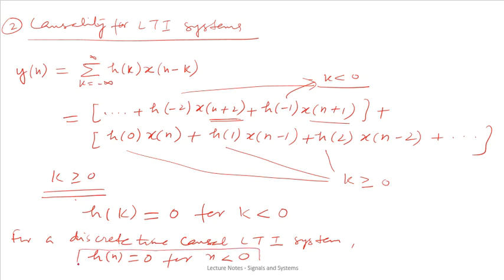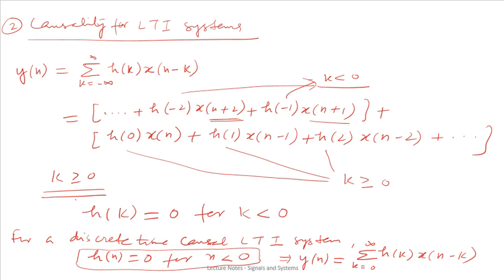This can be the condition for a discrete time LTI system to be causal. And the discrete time convolution can then take this form: the sum over k equals 0 to infinity of h[k] x[n minus k]. So this can be its form.